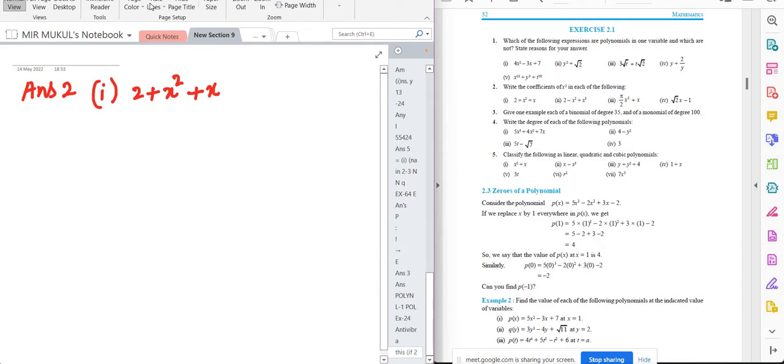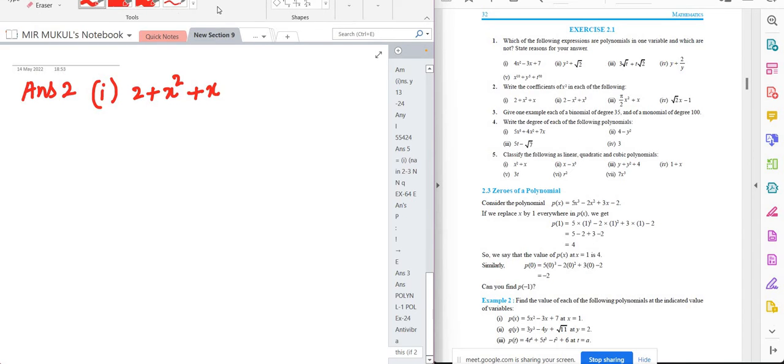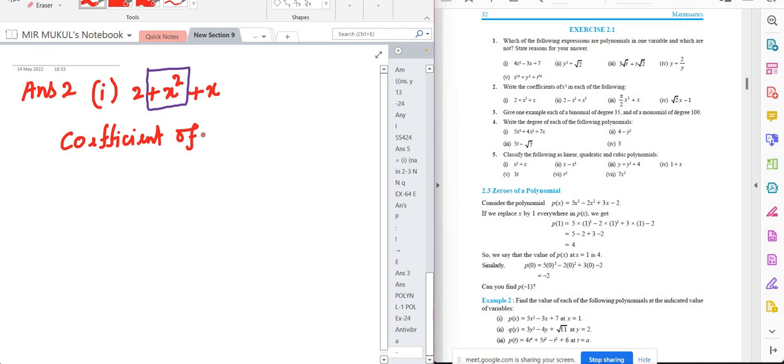We can consider this much as the second term. So what number is in multiplication with x squared? Sir, 1. Right, very good. So that is called the coefficient of x squared equals 1.